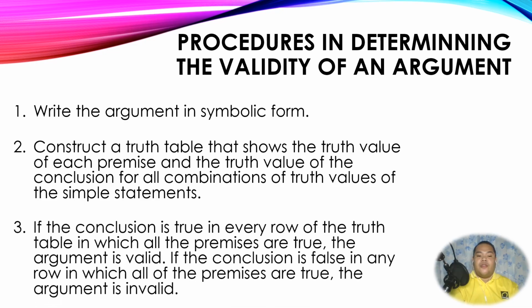And the third one: if the conclusion is true in every row of the truth table in which all premises are true, the argument is valid. If the conclusion is false in any row in which all of the premises are true, the argument is invalid.